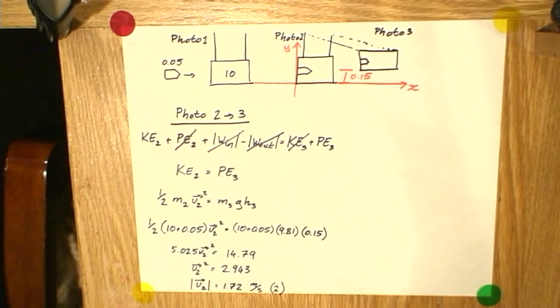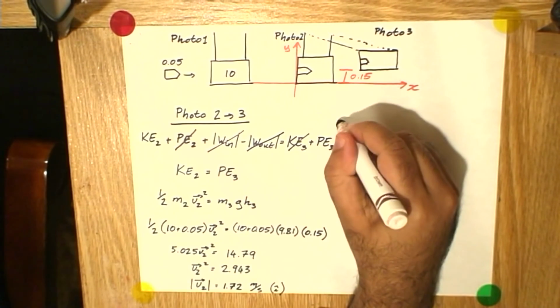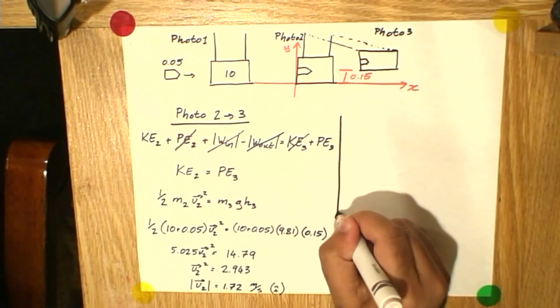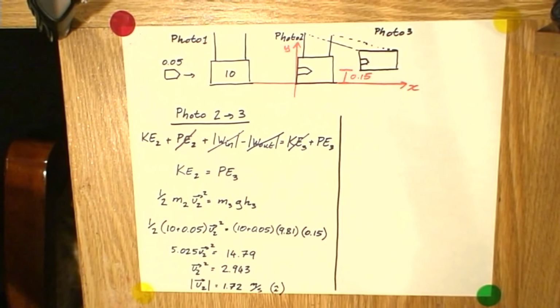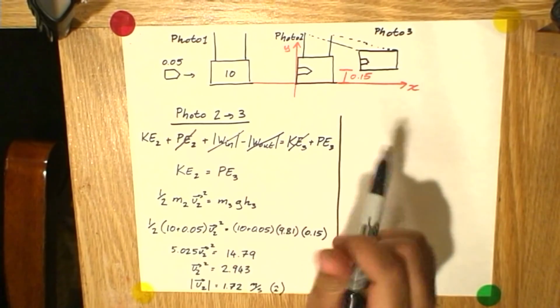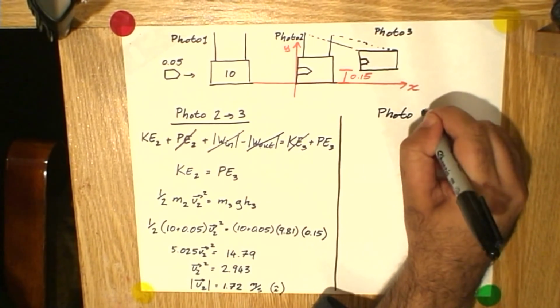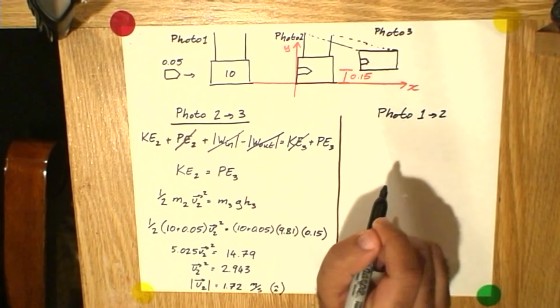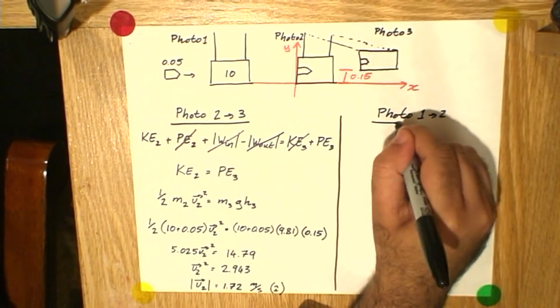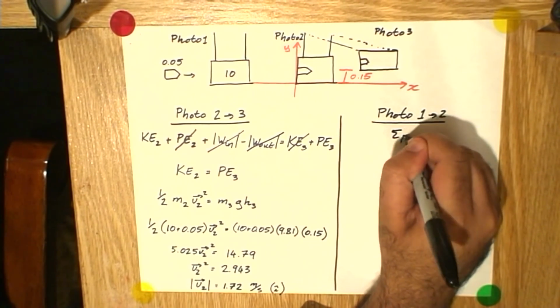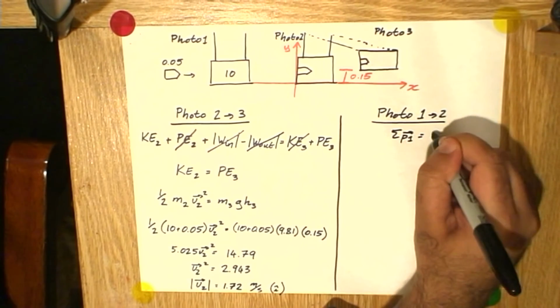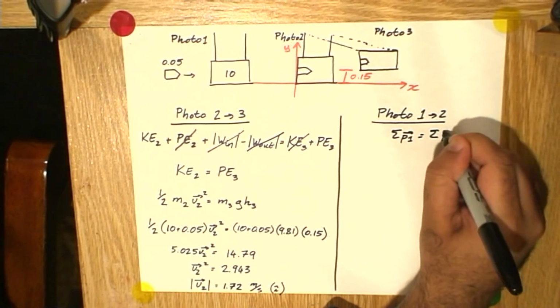Now that we are all done with finding out what we can using conservation of energy from photo 2 to photo 3, it's time to turn our attention to conservation of momentum between photo 1 and photo 2. So conservation of momentum says that the total momentum in photo 1 must equal the total momentum in photo 2.